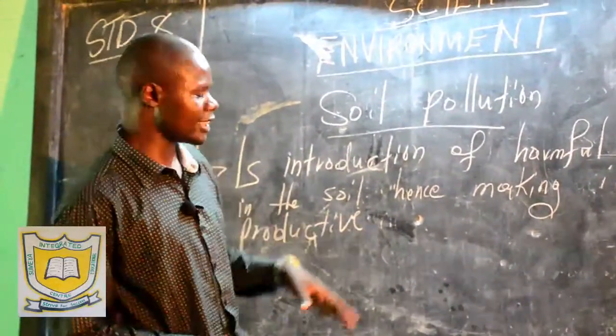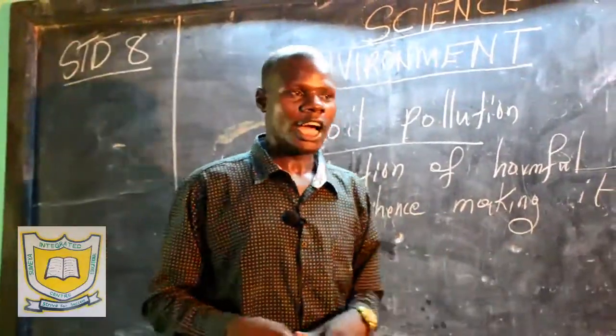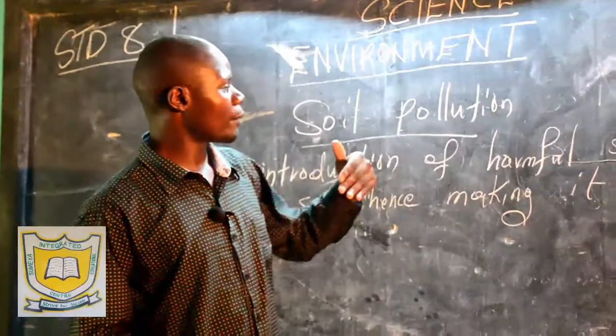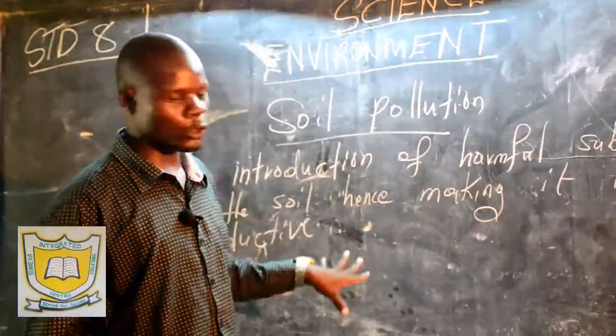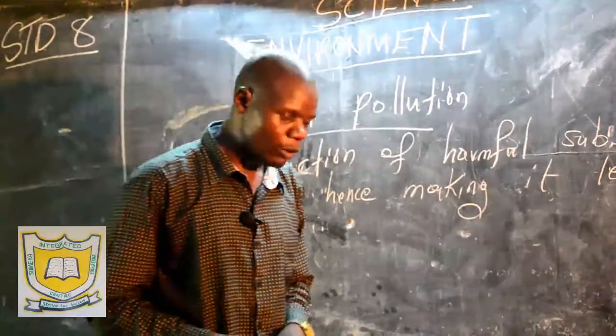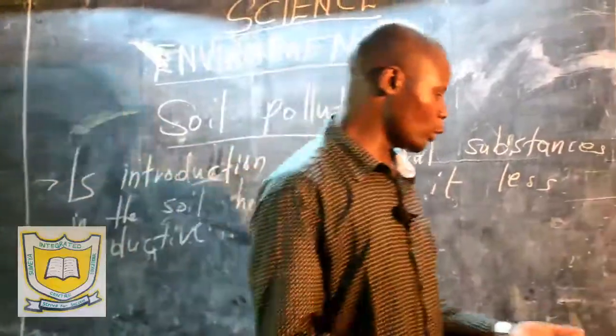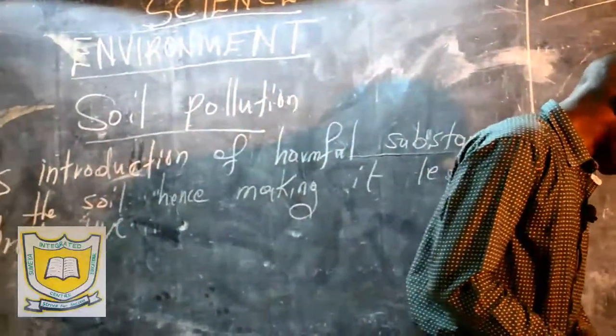When you say the soil is less productive, it means it cannot give a lot of yield. You understand, human beings, animals and plants depend on soil directly. So when the soil is not productive, then there will be no food for animals, plants and human beings.